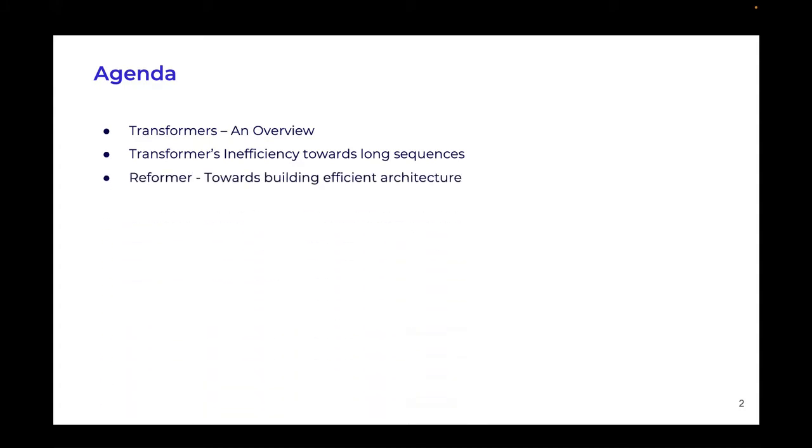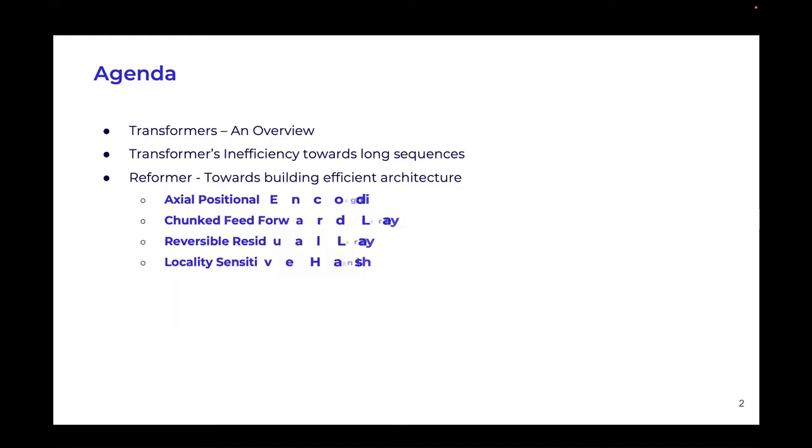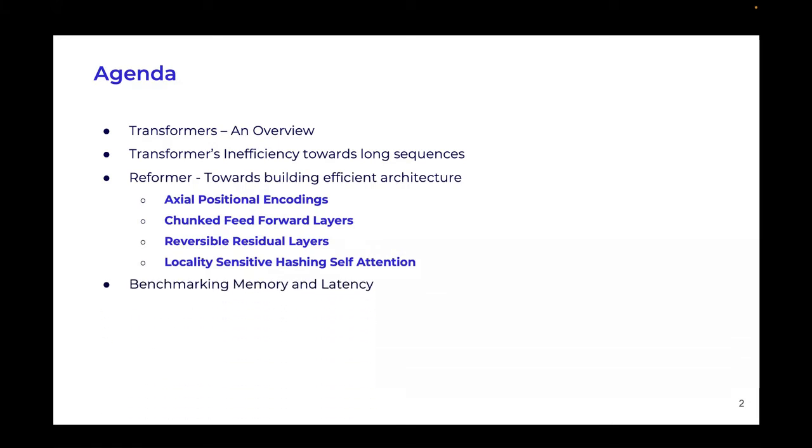And later, I'll introduce the reformer and discuss briefly on these four topics: axial positional encodings, chunked feed-forward layers, reversible residual layers, and locality sensitive hashing. And at last, I'll show the benchmarking results obtained for memory and latency for reformer as well as BERT during the training and inference.